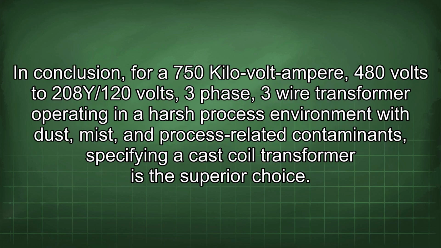In conclusion, for a 750 kVA, 480 volts to 208Y/120 volts, 3-phase, 3-wire transformer operating in a harsh process environment with dust, mist, and process-related contaminants, specifying a cast coil transformer is the superior choice.